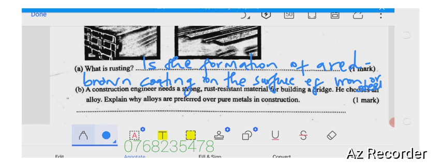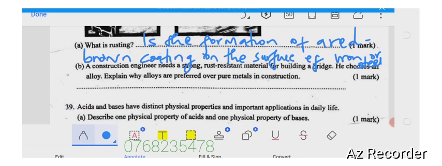Rusting occurs only in iron or steel. All other metals undergo corrosion, not rusting. So when they ask what is rusting, you say it's the formation of a red-brown coating on the surface of iron or steel, and rust is hydrated iron(III) oxide.